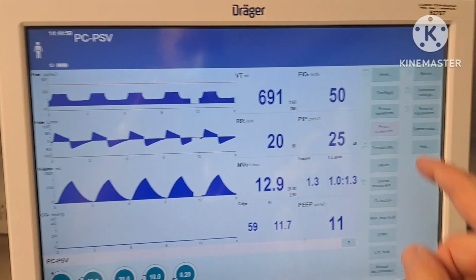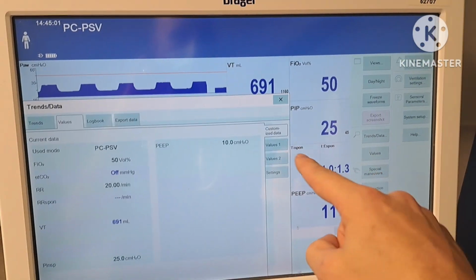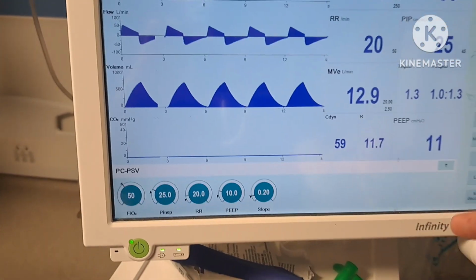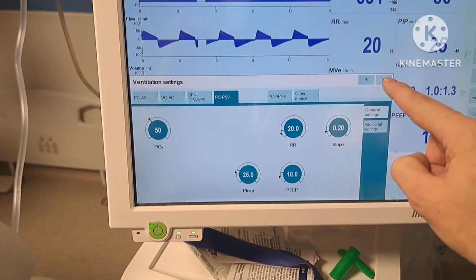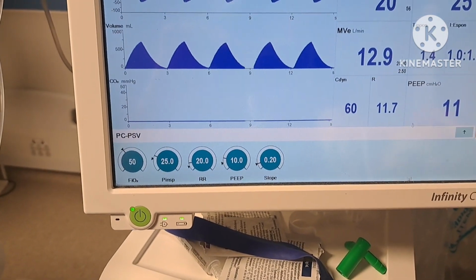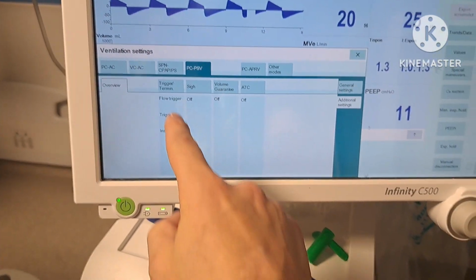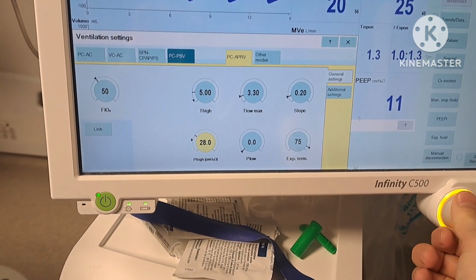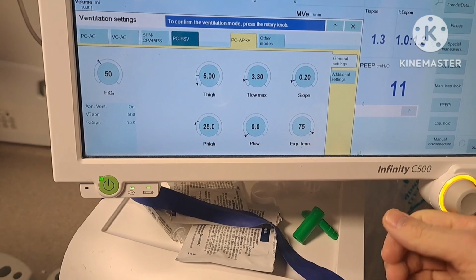Currently we have a mean pressure of 16. We're at 25 of P high, so we're going to use that plateau to transition to Aprv. 25 there.